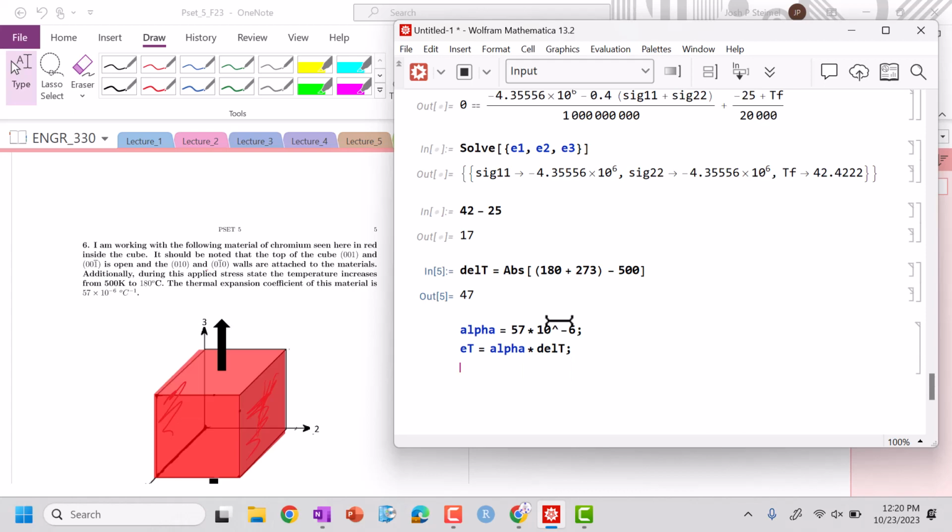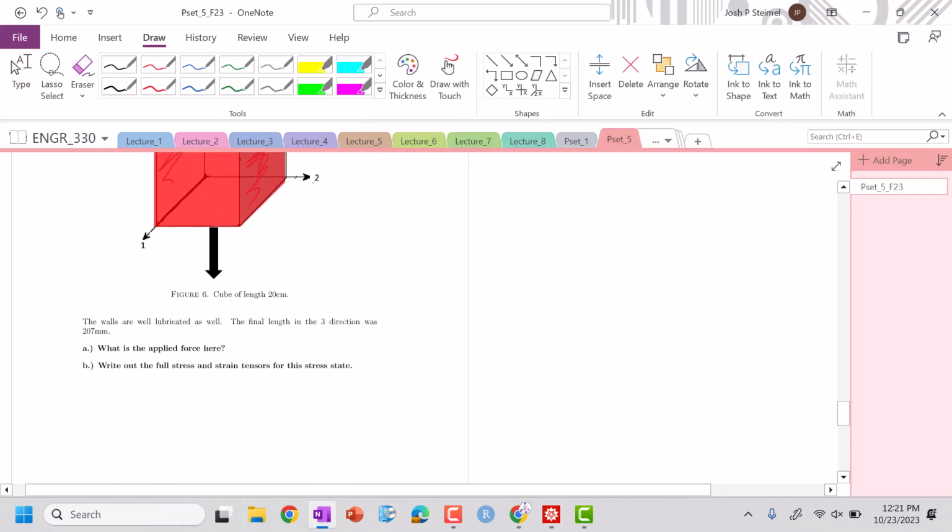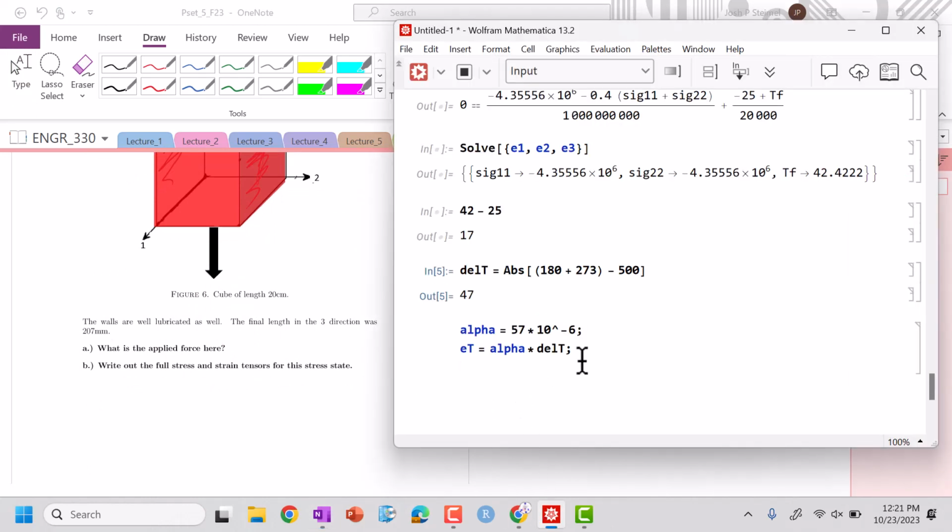Let's see what else we're given here. We're also told that our L naught is equal to 20 times 10 to the minus 2. The LF3 is equal to 207 times 10 to the minus 3.